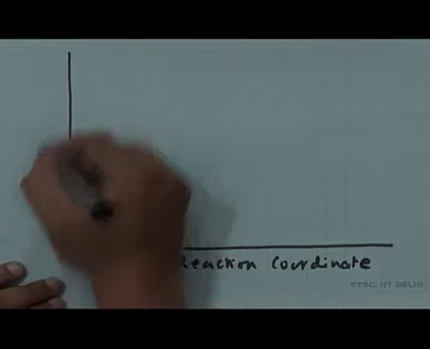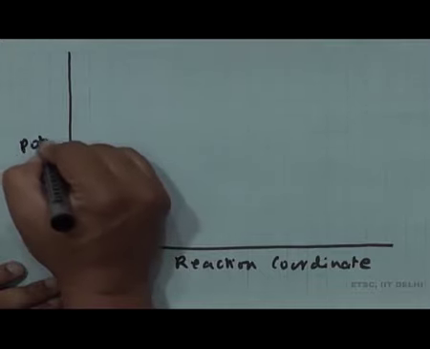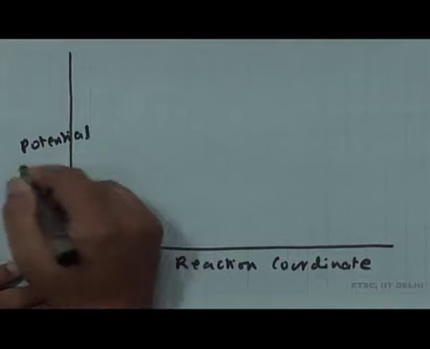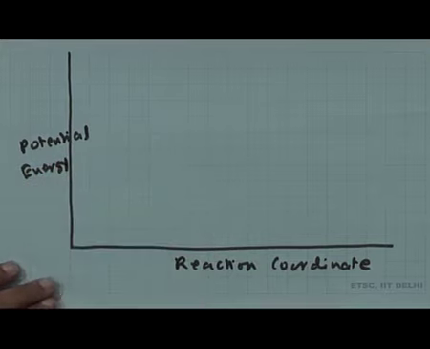On the vertical y axis we have potential energy. So, this is potential energy on the y axis and this is the reaction coordinate.